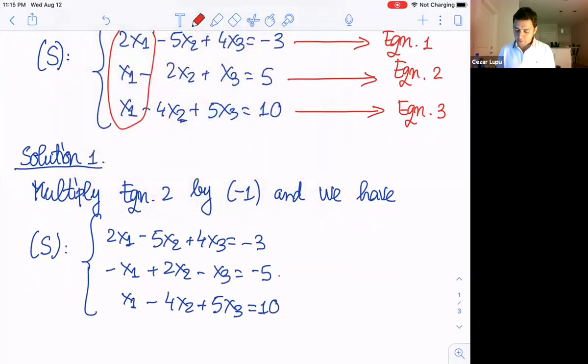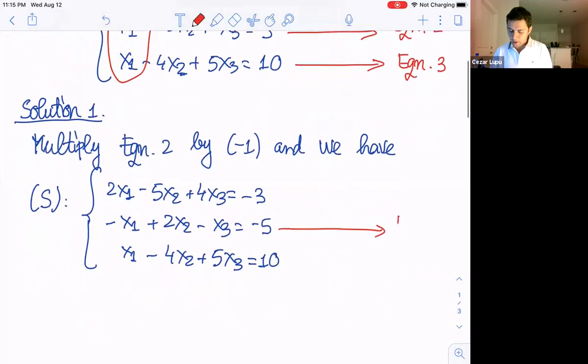So the first and last equations will stay the same. Let's denote this equation 2 prime. It's basically equation 2, but the sign is changed. Now we can do some stuff.